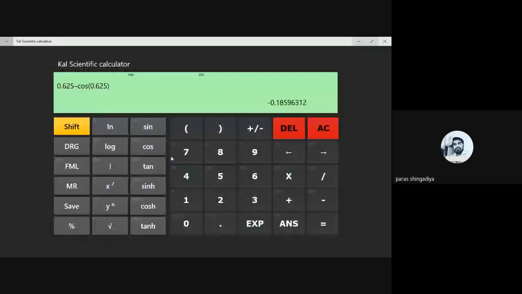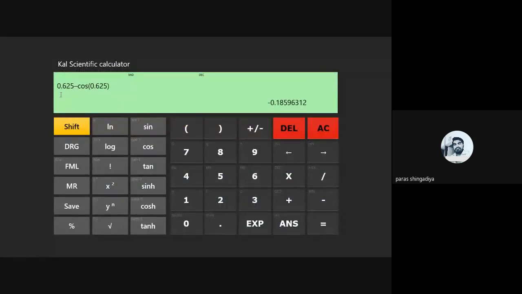So let's check in the calculator, cos of 0.7422, that is the value. Just verify: it is 0.0052. Yes, that is the correct one.